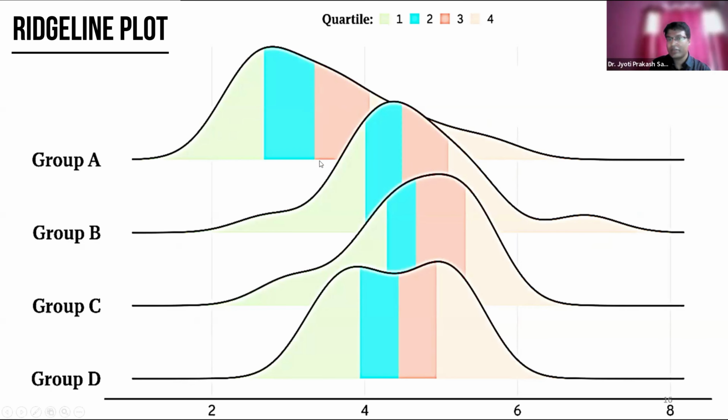The junction between the blue and the orange one is the median value. And these are the middle 50%, like shown in the box and whisker plot. The distribution pattern, the first quartile, second, third, and fourth quartile. The ridgeline plot for four different groups.